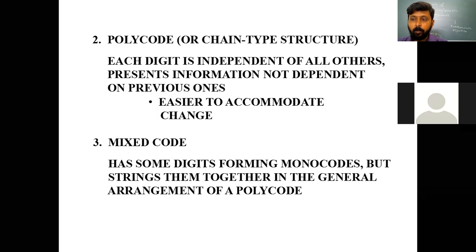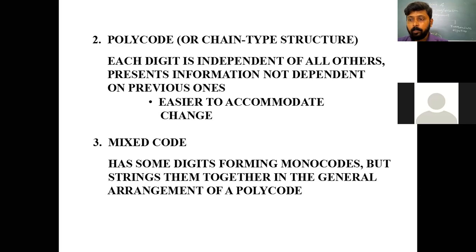Then there is polycode, or it is also called chain type structure. What happens in this? Each digit is independent of all others and presents information which is not dependent on the previous one. In monocode, the fifth number was related to the fourth, the fourth was related to the third, the third was related to the second, the second was related to the first.